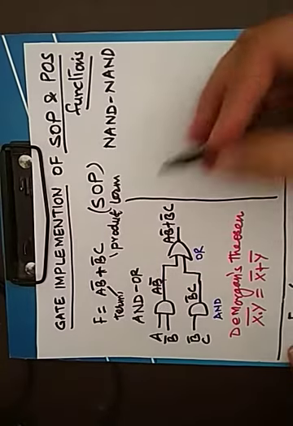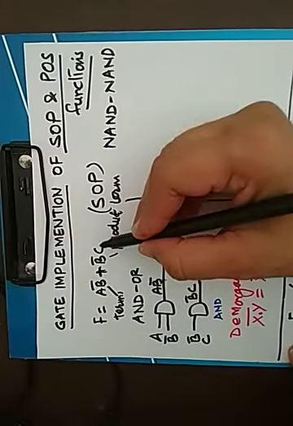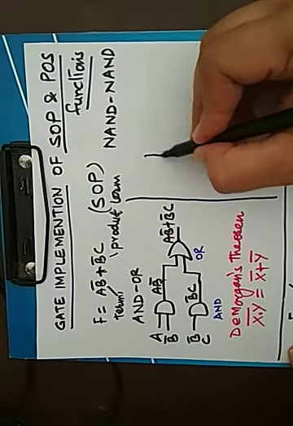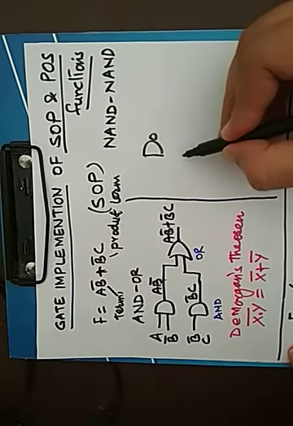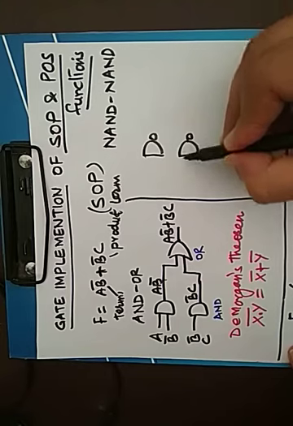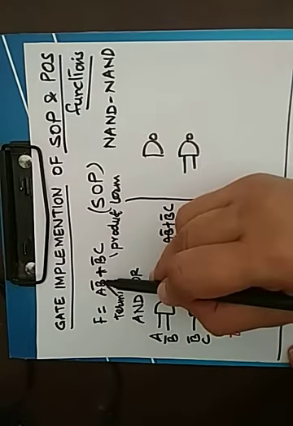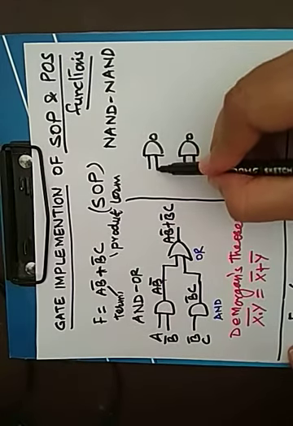Keeping that in mind, we need two product terms, so there would be two AND gates, both having two variables, so these are two input gates.